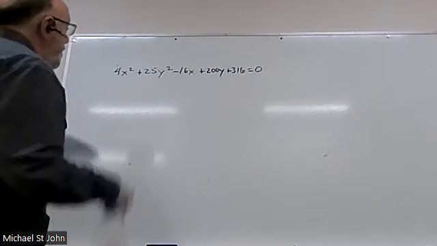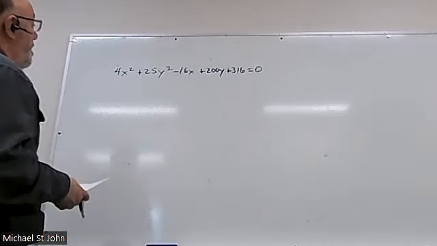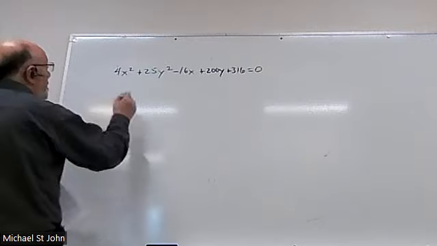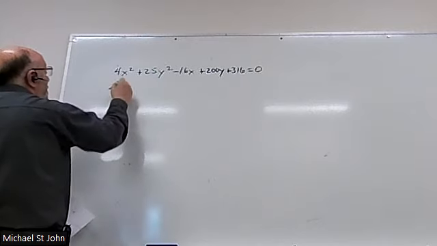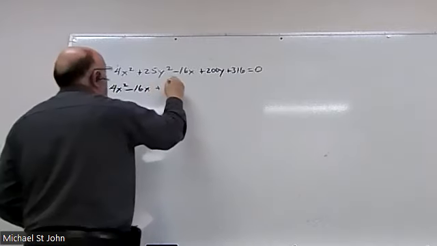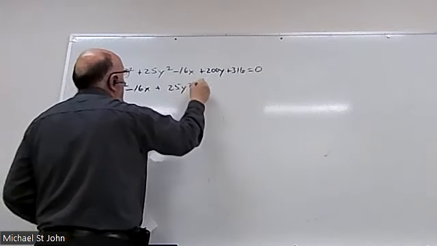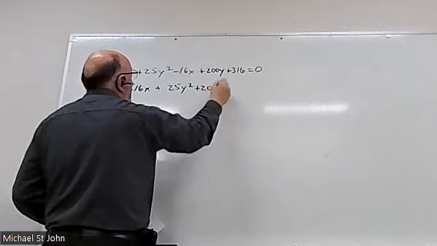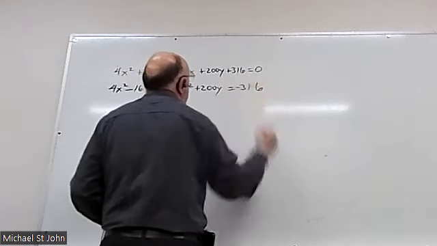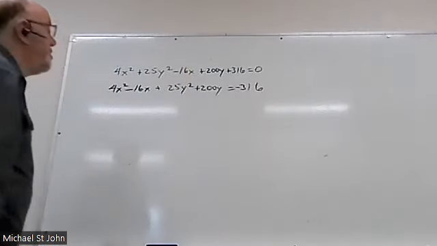So now let's see if we can arrange this into an ellipse equation, right? So let's first do some regrouping here. We got a 4x squared minus the 16x plus the 25y squared plus the 200y. And I'm going to take the 316 to the other side, all right?